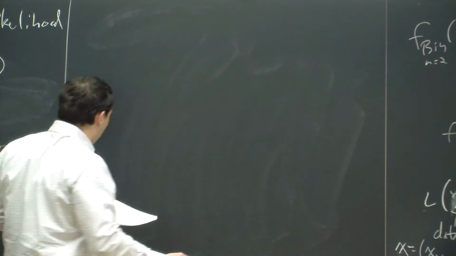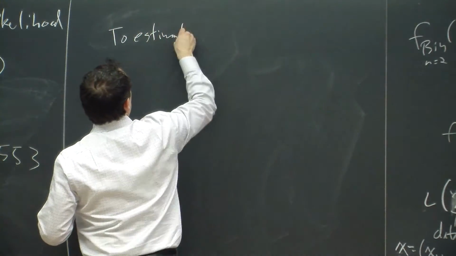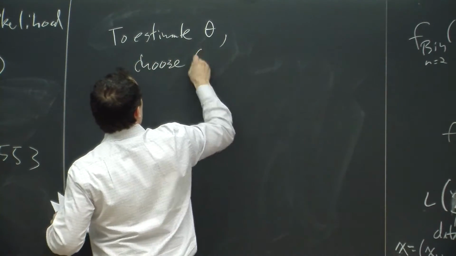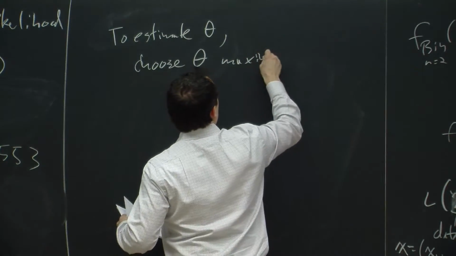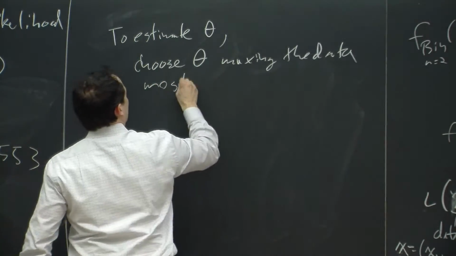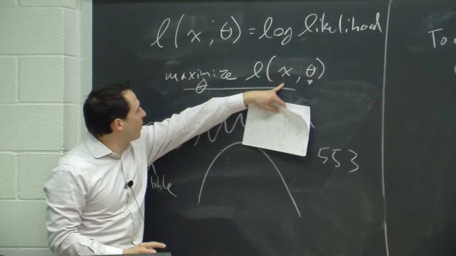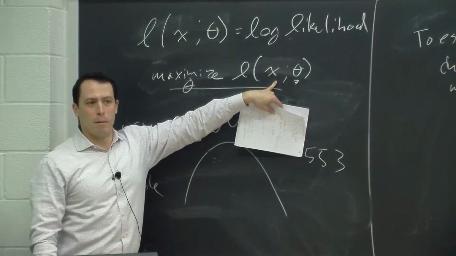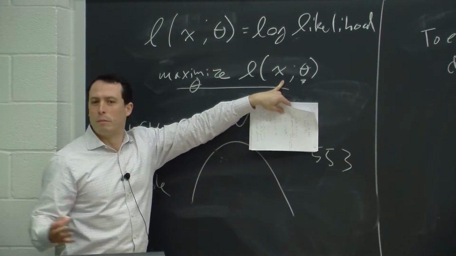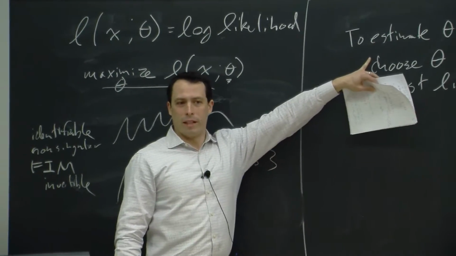The idea is to estimate theta: choose the theta making the data most likely. That's just a rephrasing of this. It says fixing the data, choose the theta that makes this probability highest. That makes sense, but there's no deep reason why that has to be true, and I want to emphasize that it's only one way to decide what theta should be.